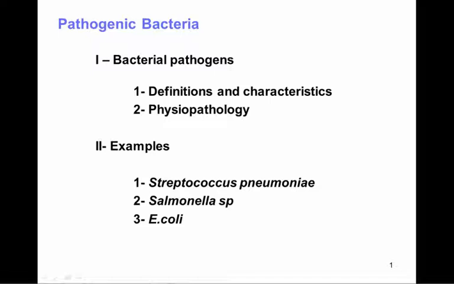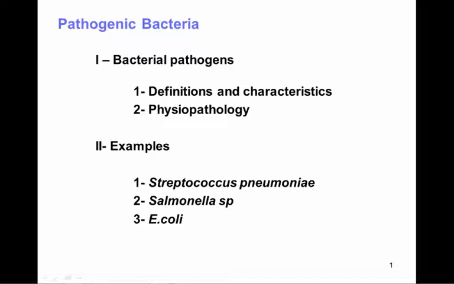Right. So the next couple of lectures will be on pathogenic bacteria. Today we are going to look at some general characteristics of bacterial pathogens and a general presentation about what any bacterium has to do if it's going to successfully infect somebody and cause disease.